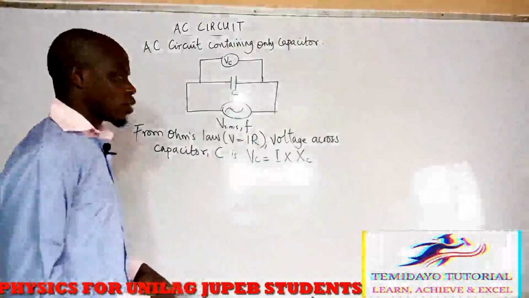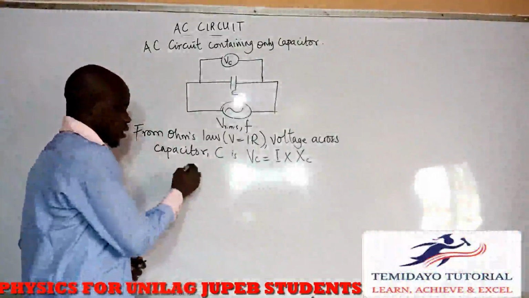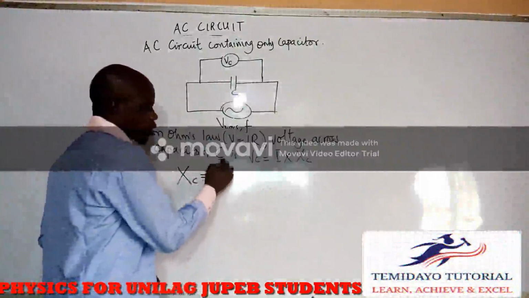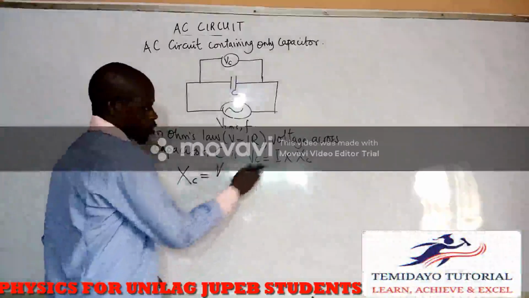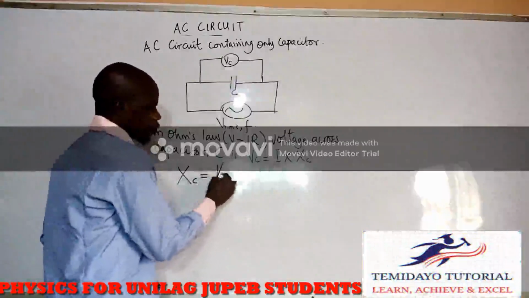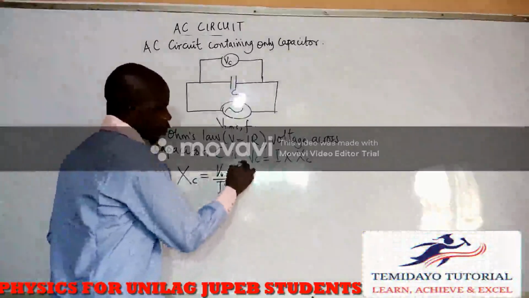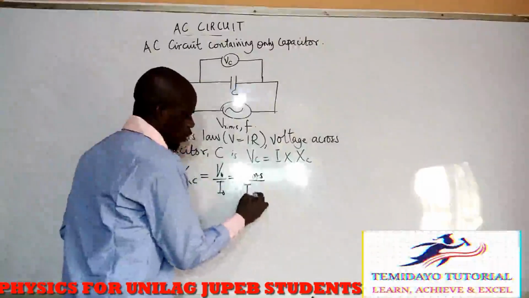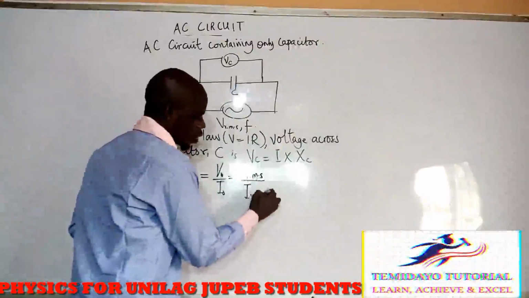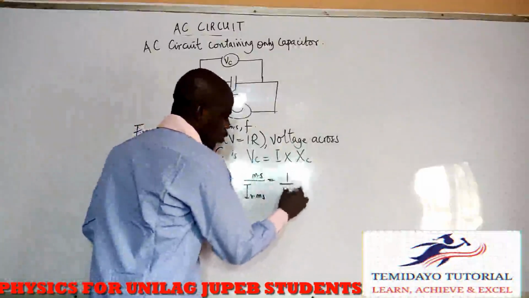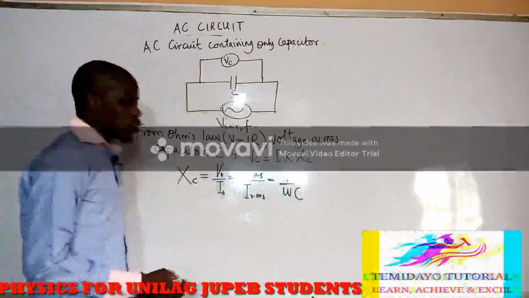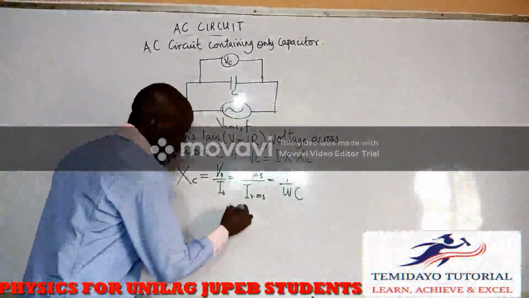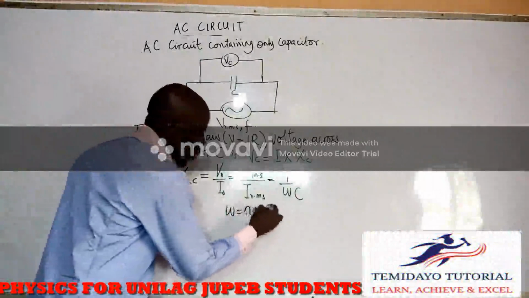So when you're talking about the capacitive reactance, in this case, what's our capacitive reactance? Capacitive reactance is the same thing as V naught over I naught, the same thing as VR root mean square over current root mean square, and the same thing as 1 over omega C. And remember that omega, as we have established, is equal to 2 pi f.